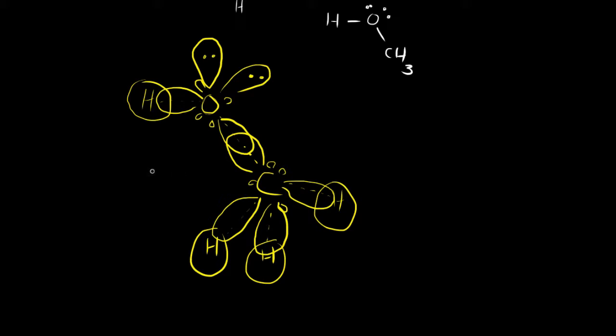When two hybrid orbitals overlap, this resultant bond, which is a covalent bond, is known as a sigma bond. The term sigma comes from the sort of symmetry of the bond, which is an axial symmetry, something you don't have to worry too much about. But these sigma bonds are created by overlap of orbitals.